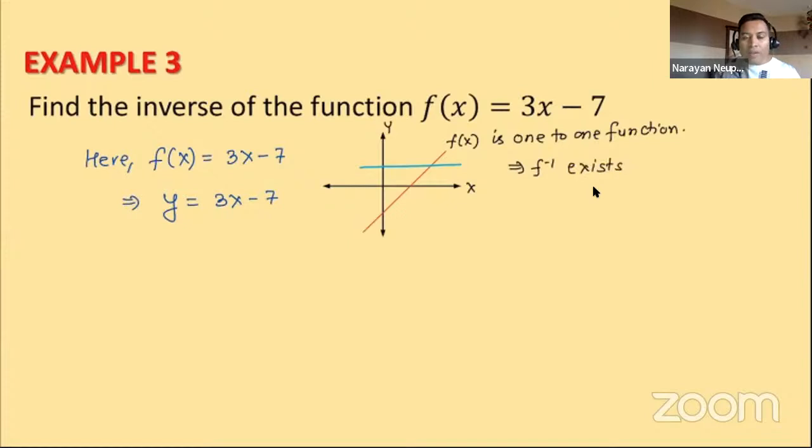And as you said in the comment, in order to find the inverse, we have to interchange the domain and range. In this case, your domain are the x values and range are the y values. So we are going to interchange that.